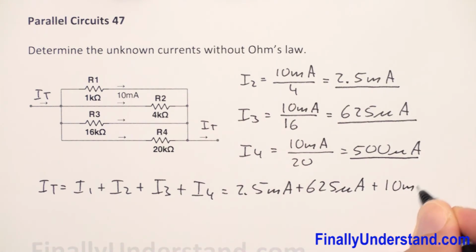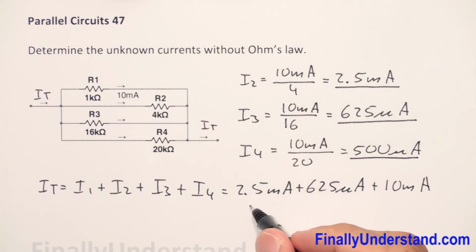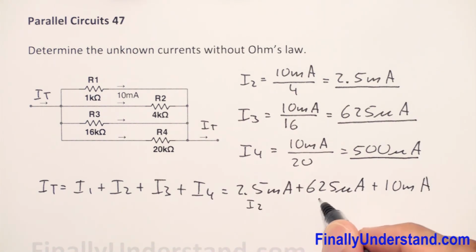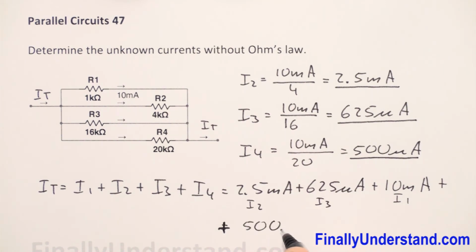This is 10 milliamps. So this is my I2, this is my I3, this is my I1, and this is my I4. Plus 500 microamps. Okay, this is equal.